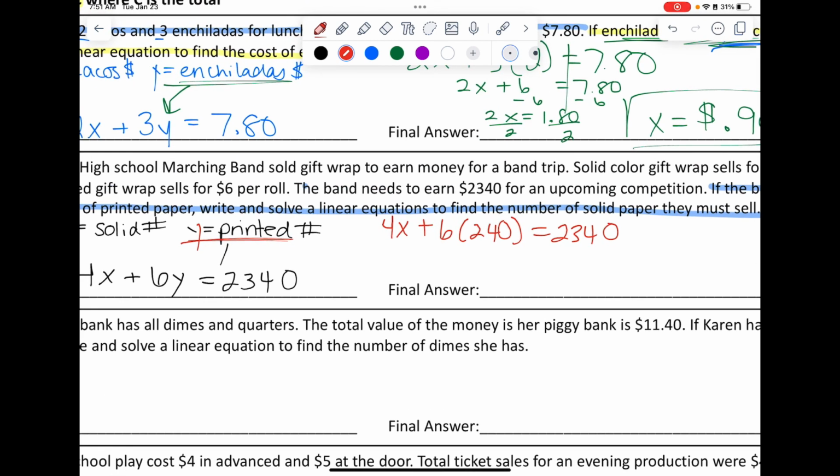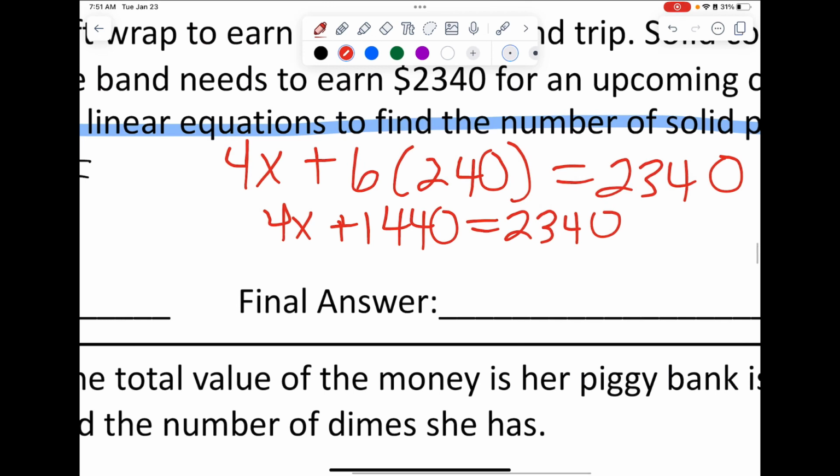You're going to multiply the 6 times the 240. Subtract that 1440 over from the 2340. Divide by 4.